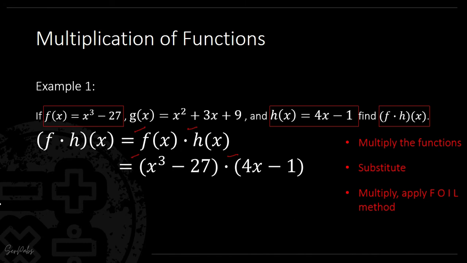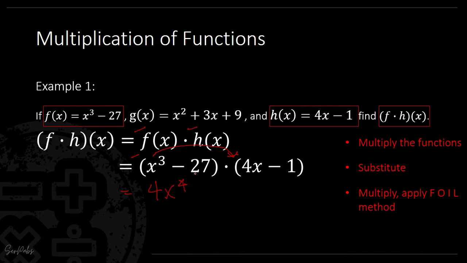So, kung babalikan natin yung tanong kanina, so unang minultiply ang x cubed times 4x. So, ang sagot natin ay, ito din yon, inuulit lang natin, 4x to the fourth power.